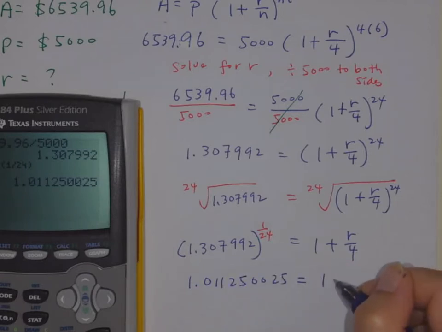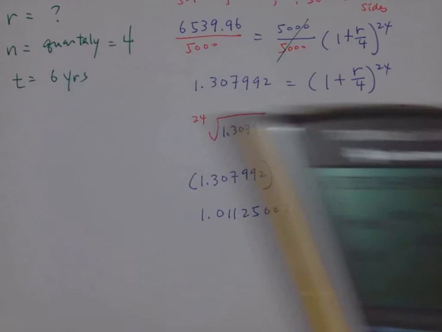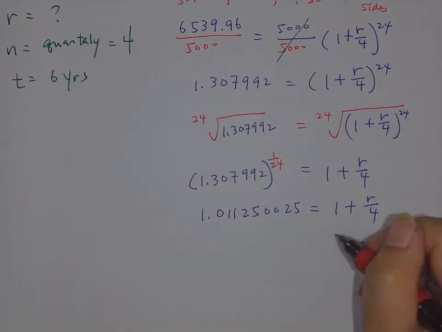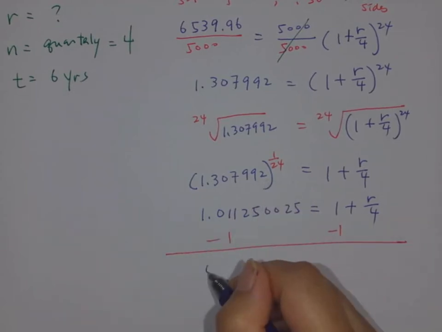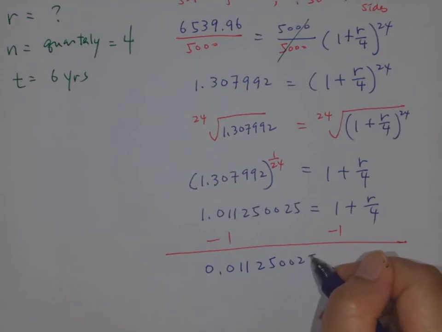I'm still solving for r, so I need to get rid of the 1. This is adding, so the opposite would be to subtract 1 from both sides. So that would be 0.011250025 equal to r divided by 4.